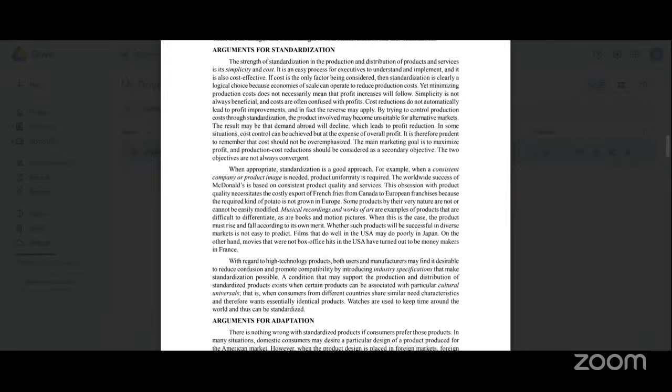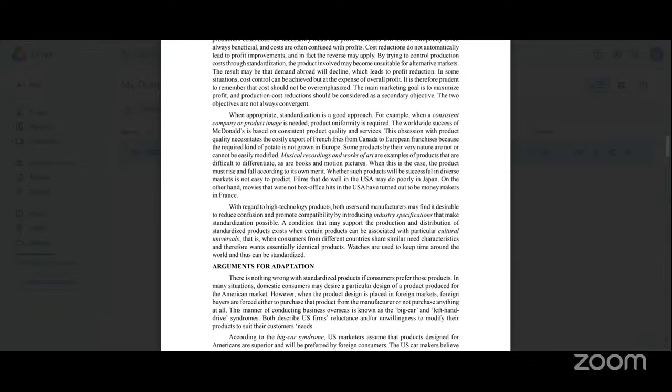So the next one is, when appropriate, standardization is definitely a good approach. For example, when a consistent company or product image is needed, product uniformity is maintained. So, if I were to put an old logo and you were to put a new logo as an example for the same company, then obviously certain consistency is not being maintained.